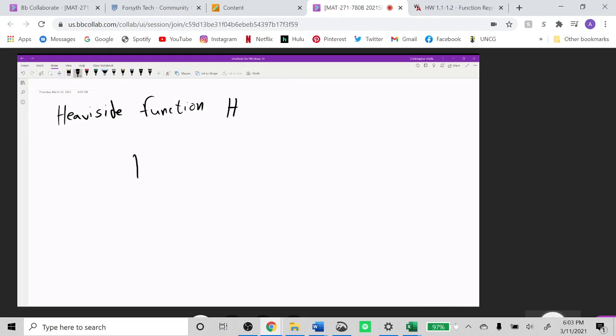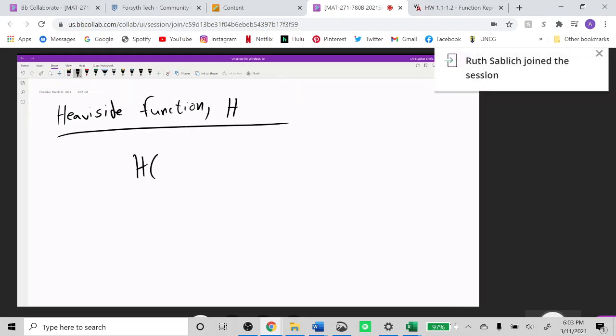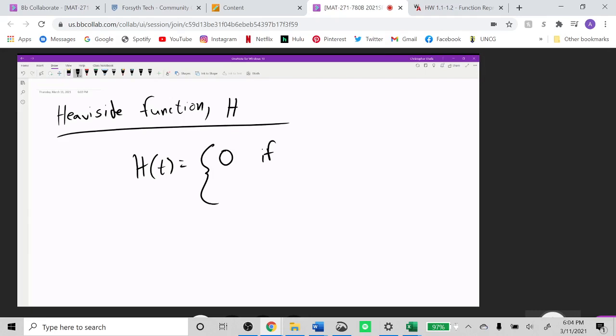This is defined as h of t is equal to 0 if t is less than 0, or 1 if t is greater than or equal to 0.